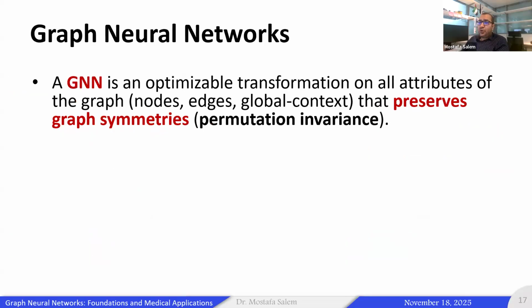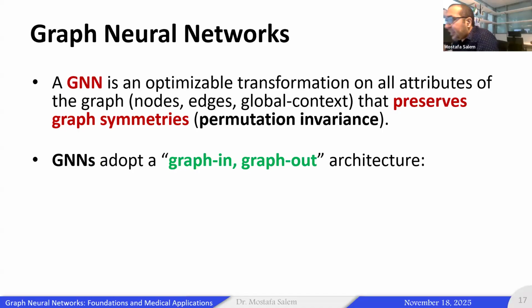A GNN is an optimizable transformation on all attributes of the graph. So I will have a graph. This graph will have node embeddings, edge embeddings, the entire graph embedding, the connections between nodes, and the GNN will try to learn new embeddings from all this information at the same time.